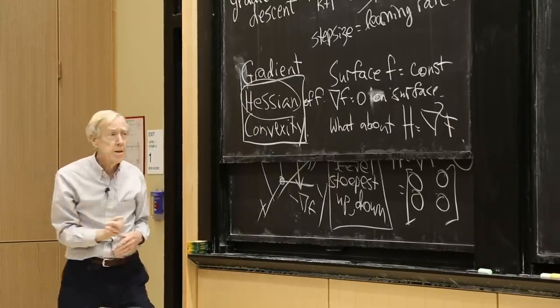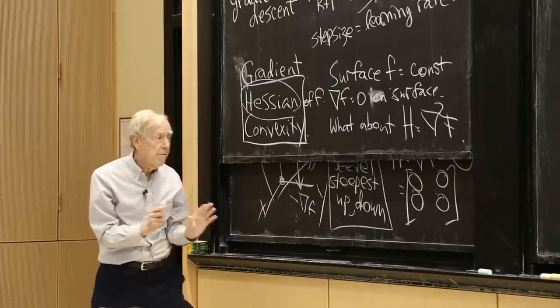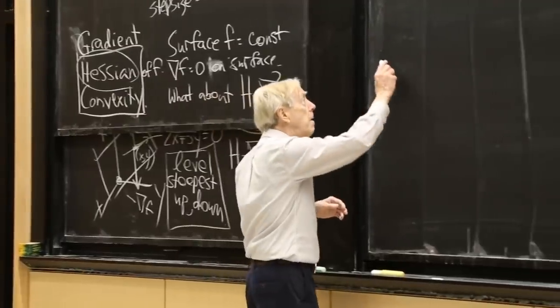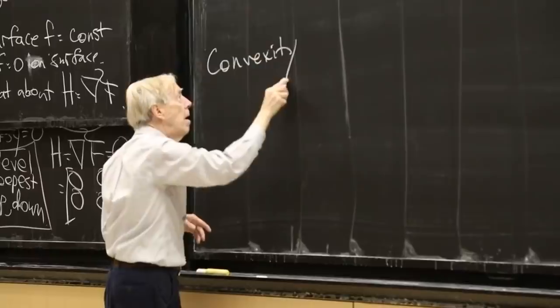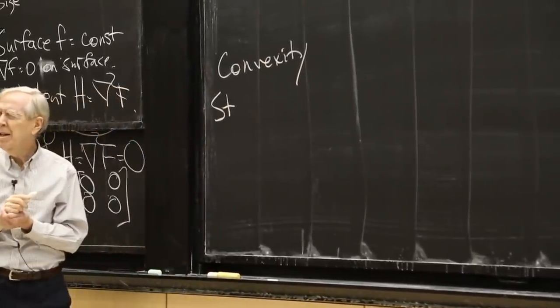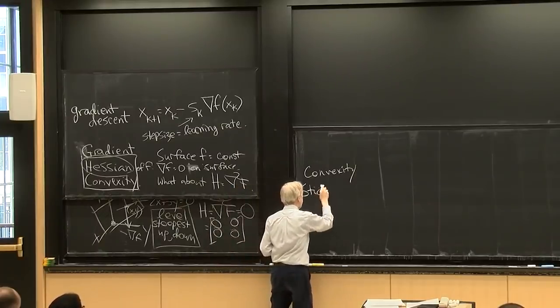And what is the test? Positive definiteness or semi-definiteness. I'm just looking for an excuse to write down convexity and strict or strong. Do I say strict or strong convexity? I've forgotten. Strict, I think. Strictly convex.